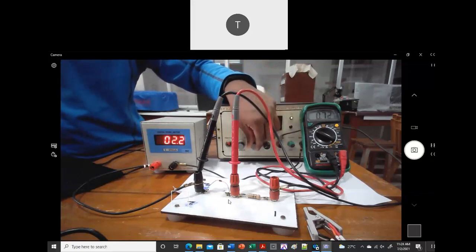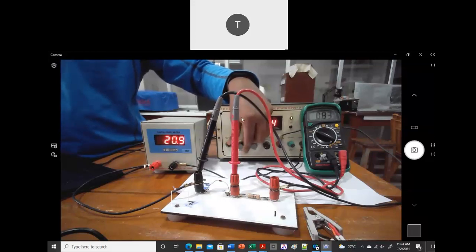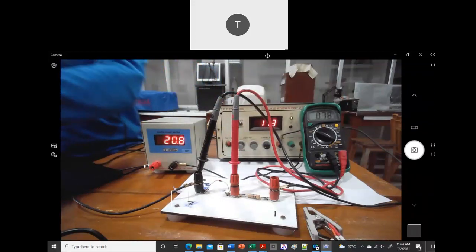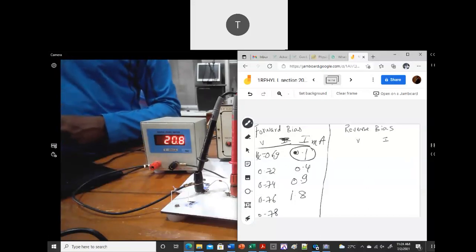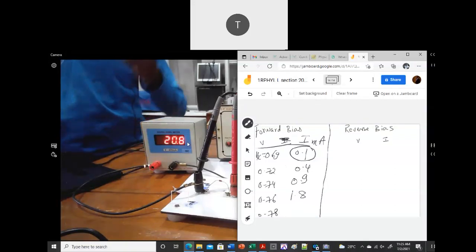You can keep increasing in steps of 0.02 and take down the corresponding current value, and once you get 15 or 20 in this case, you can stop. At a certain point, maybe 0.84 or 0.86, you will get around 20.9. I will send these values for forward and reverse later.